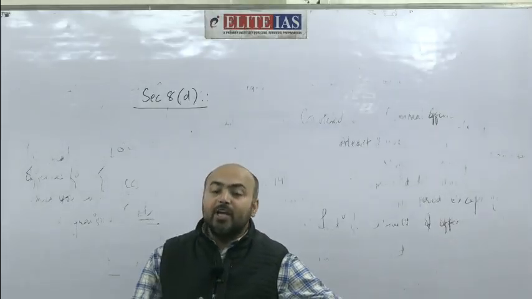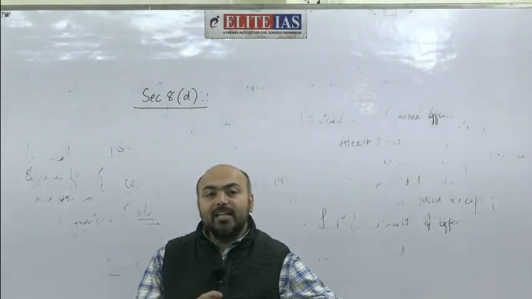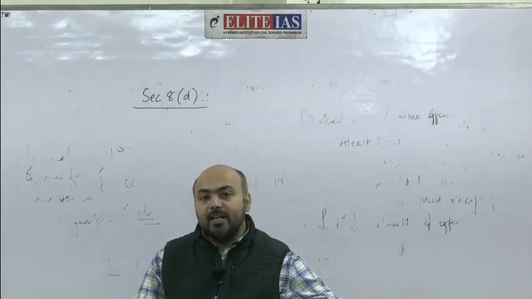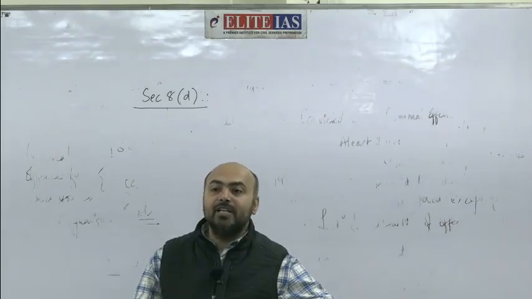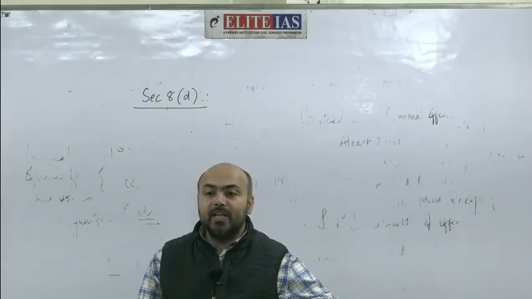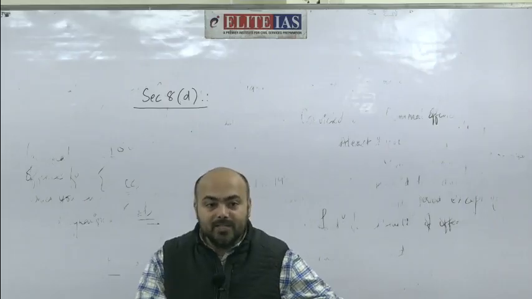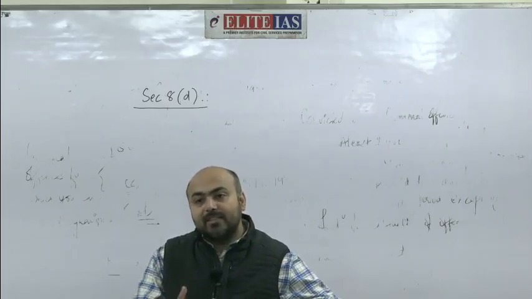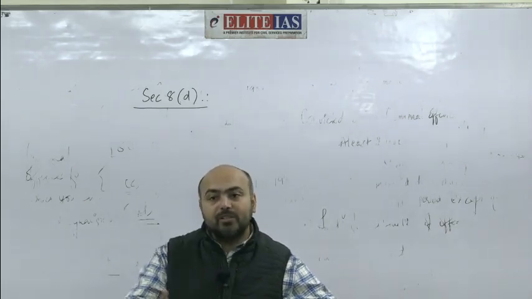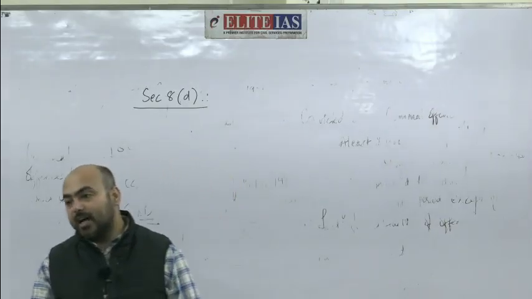Why? Because Article 14 also dictates that individuals are not to be treated equally if they are in unequal circumstances. So how can this be a violation of equality when an individual contesting elections and an individual who is already a member of the legislature are in two different circumstances and positions? So how can they get similar treatment? It was criticized, but the Supreme Court stood by its decision, and this has been declared unconstitutional.